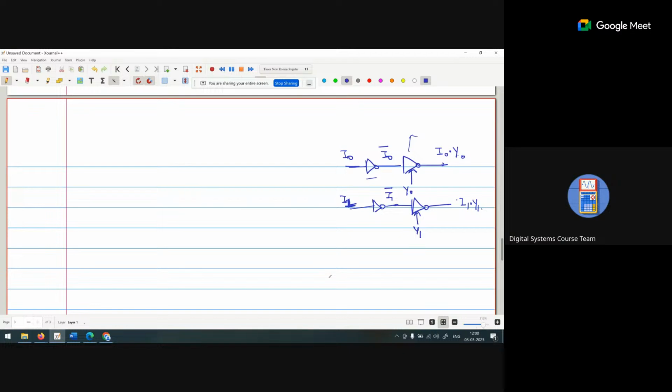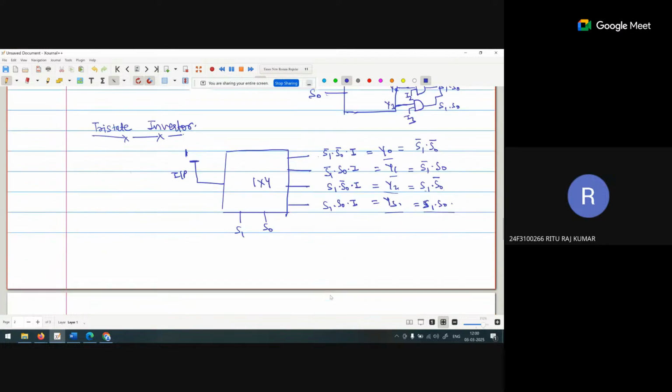How is Y0 created and how is Y1 created? Using a 2:4 decoder. By ANDing S bar and S, we can get Y0, and by ANDing S bar and S1, we get Y1. So with the help of S0 and S1, we are getting this.